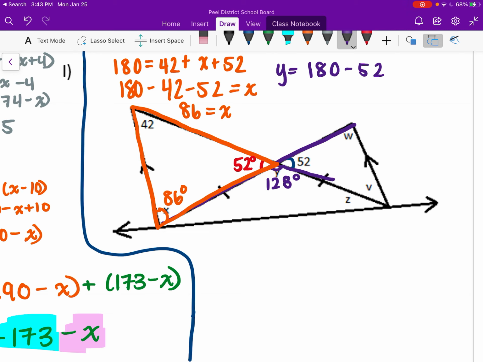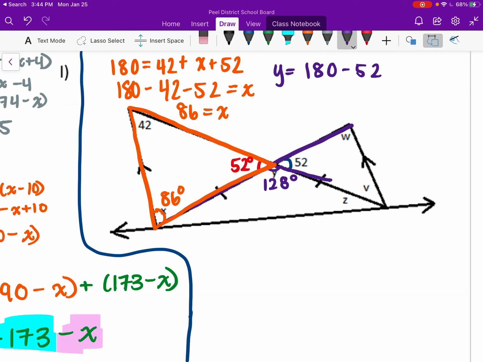I'm finished with that. Then I'm going to move on and say, all right, I have this angle over here, right? I want to find this triangle, and we're going to name this triangle green triangle. I know it's an isosceles triangle, right? I'm just going to leave it.